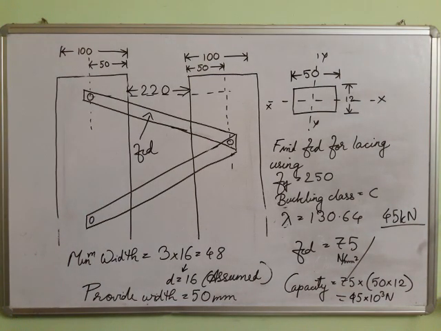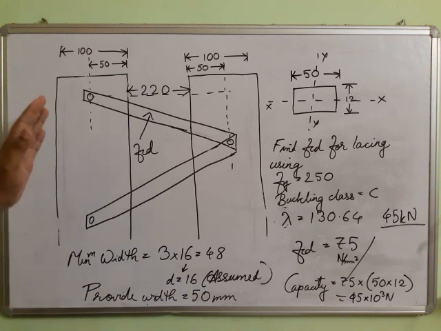That means the lacing can take a compressive load of 45 kilonewton. Okay, we have got that 45 is the capacity of the lacing. So how much load is falling in the lacing actually?